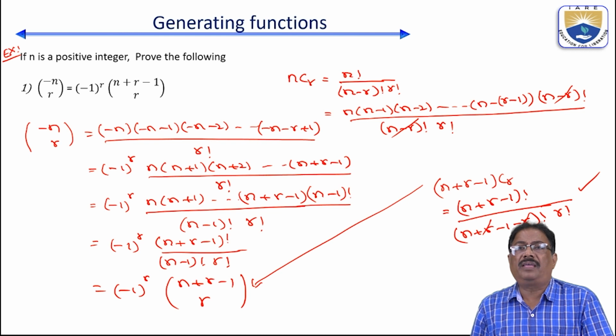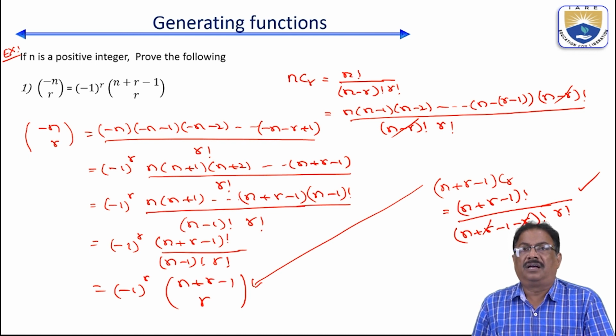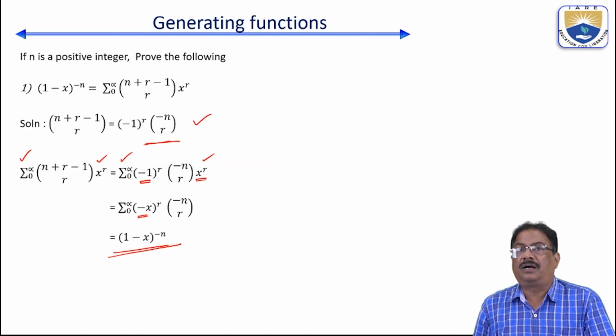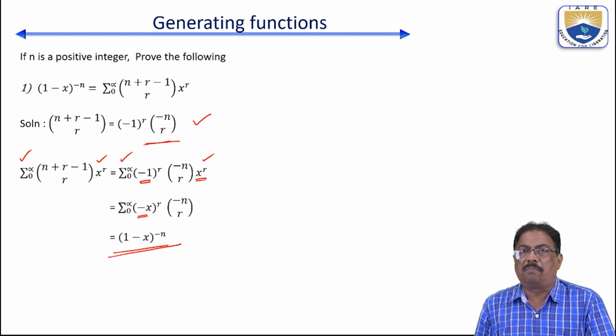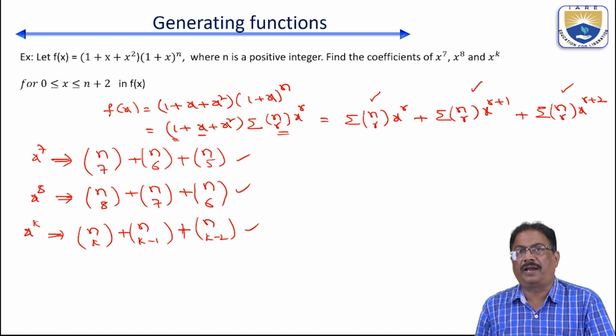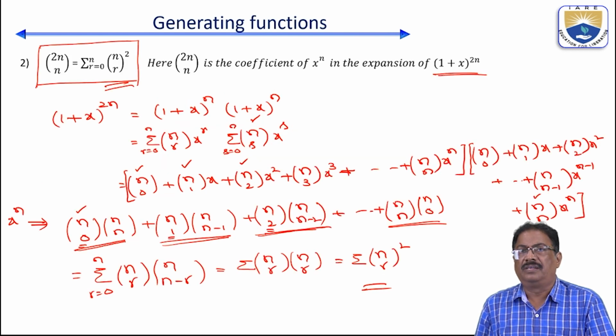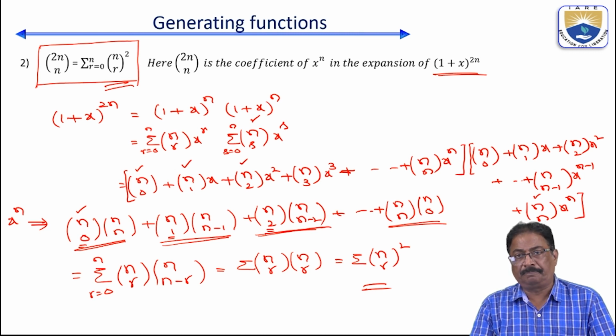Then some of the identities and formulas, like minus nCr value is what. And next, how do we expand 1 plus r, 1 minus x to the power of minus n. Then how to find any expression, some powers of x, and what is the value of 2nCn.